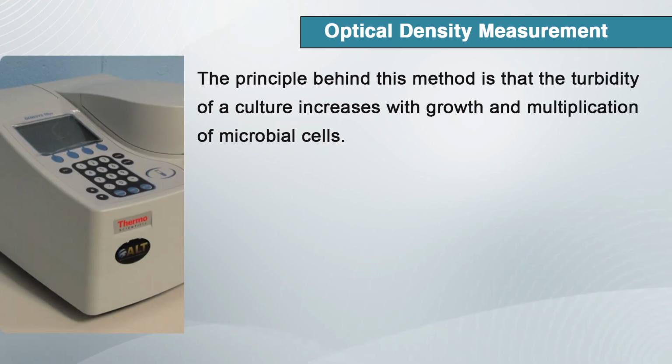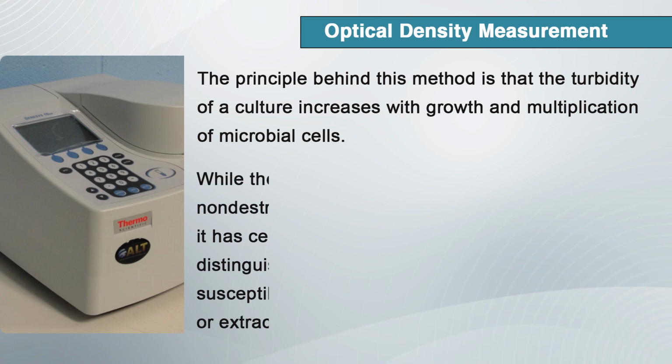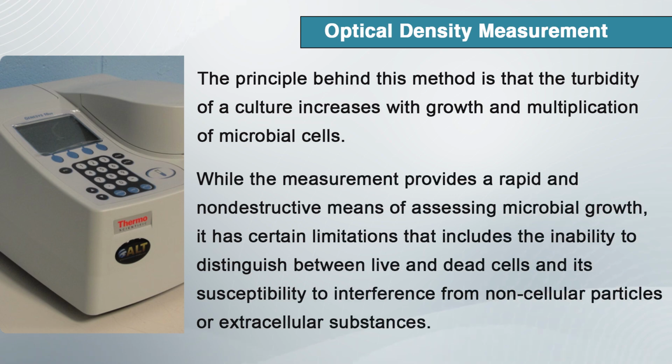The principle behind the optical density method is that the turbidity of the culture increases with growth and multiplication of microbial cells, while the OD measurement provides a rapid and non-destructive means of assessing microbial growth.